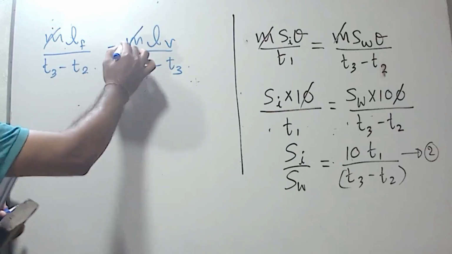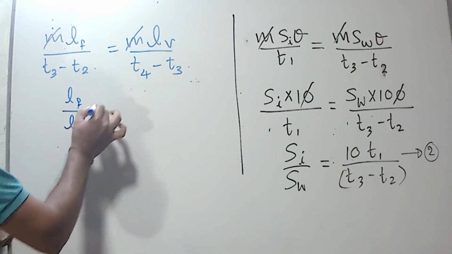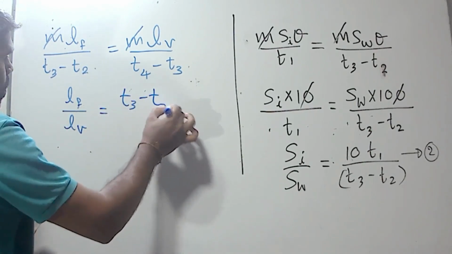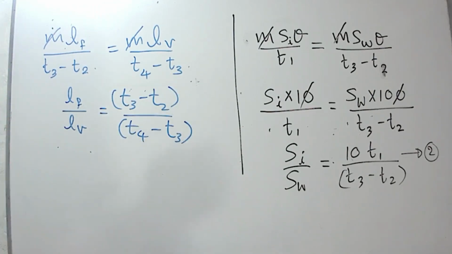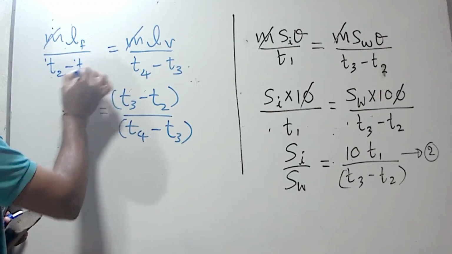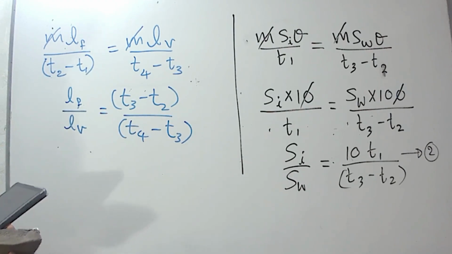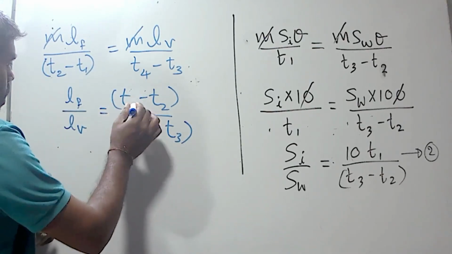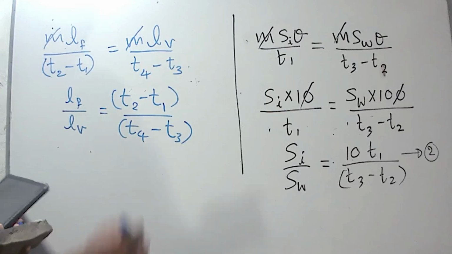Then we can cancel out m, and we can find the ratio between L F and L V. So the time interval related to fusion is T2 minus T1. You have to obtain the time period related to the temperature at 0 degrees. It is fusion. So the ratio is T2 minus T1 over T4 minus T3. Then the answer is 3.